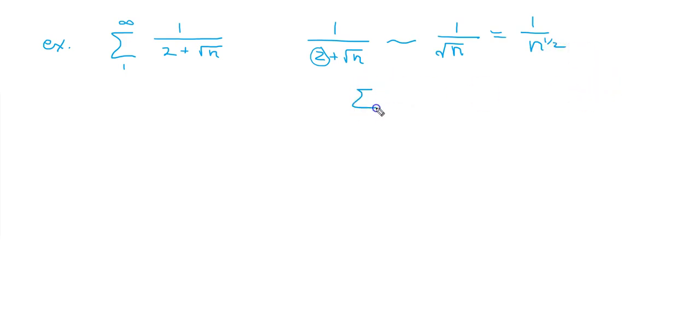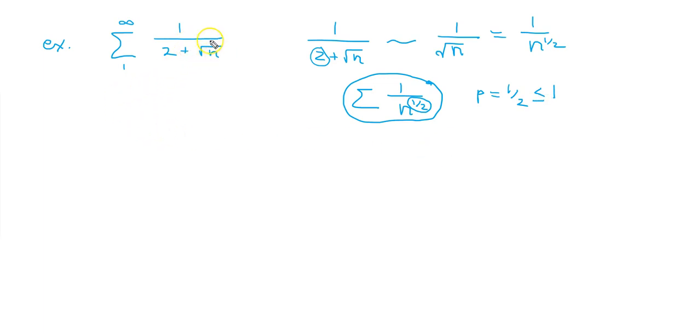And we know that for the summation of 1 over n to the 1/2, the p is equal to 1/2, which is of course less than 1, so this series will diverge. Remember, it only converges for p strictly larger than 1. So here the p is less than or equal to 1, and so it diverges.